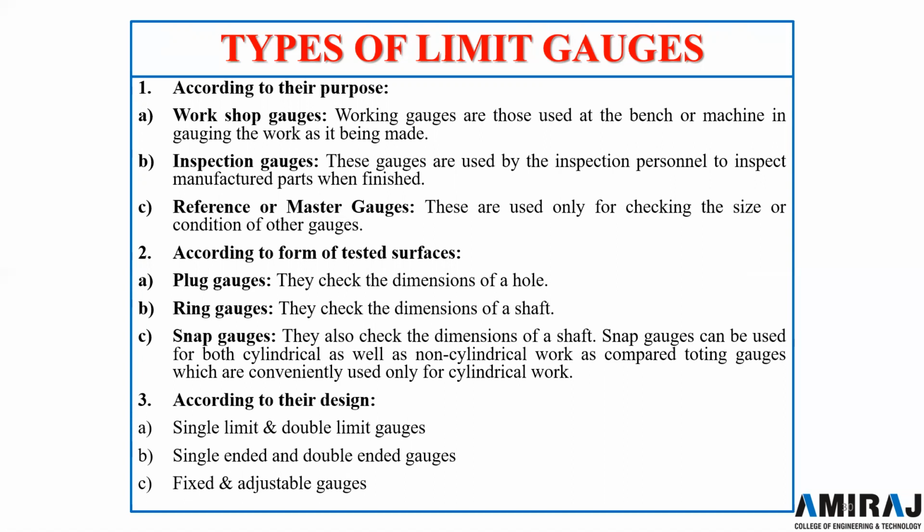The second classification is according to form of tested surface, in which the first is the plug gauge. Plug gauges are basically used to check the dimensions of a hole, while ring gauges, very importantly, are used for checking the dimensions of the shaft. Then after ring gauges, the snap gauges are used.